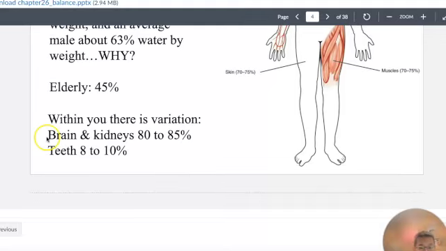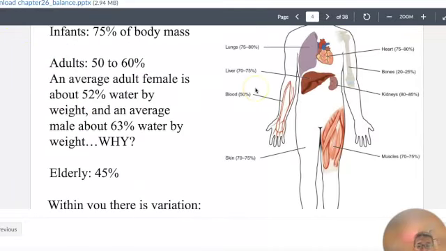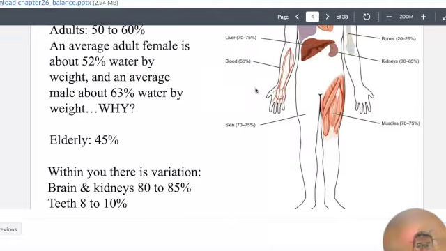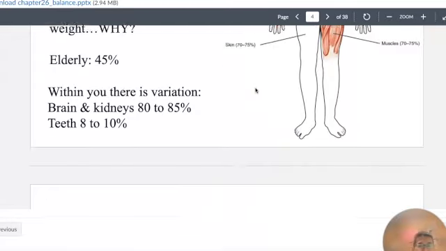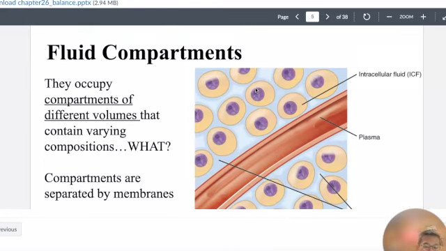Also, the teeth have the least amount of water. Also, the body weight and mass index of the male is usually bigger, so that's why males have more water content.